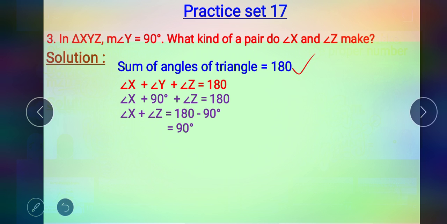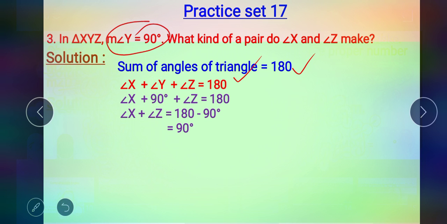That is nothing but, when you add all the angles, here the angles are x, y and z, you will find the total is 180 degrees. So here I have written x plus y plus z is equal to 180 degrees. Now the value of y is already known to us, so I'll substitute y as 90 degrees.